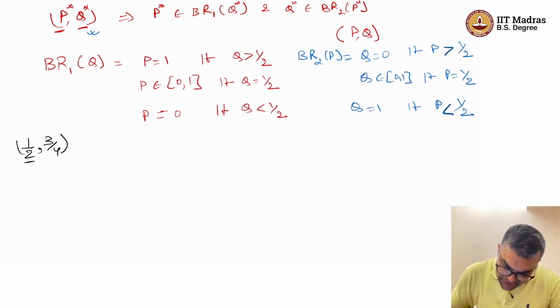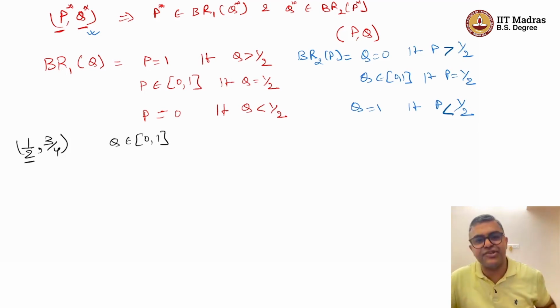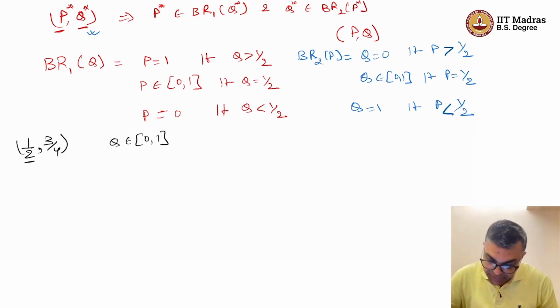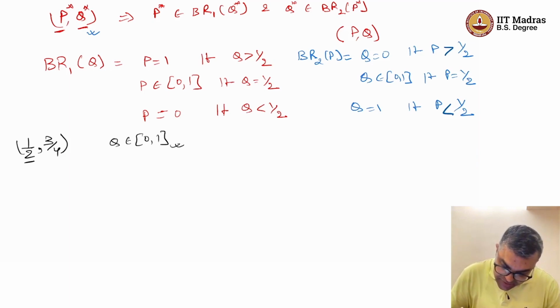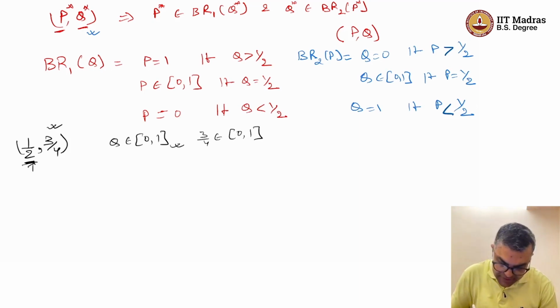If player 1 is playing half, then what is the best response from player 2? Player 2 has an infinite number of best responses. Everything between 0 and 1 would constitute a best response. And if everything is a best response, then 3/4 is also in the list of those best responses. So clearly player 2 is playing his best response given what player 1 is doing.